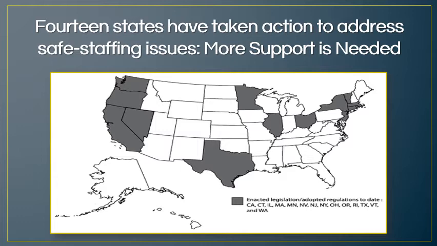More support is needed. As depicted by the shaded areas, some states have voluntarily enacted legislation supportive to the safe staffing agenda. As you can see, most states have not, which reinforces the importance of supportive congressional action.